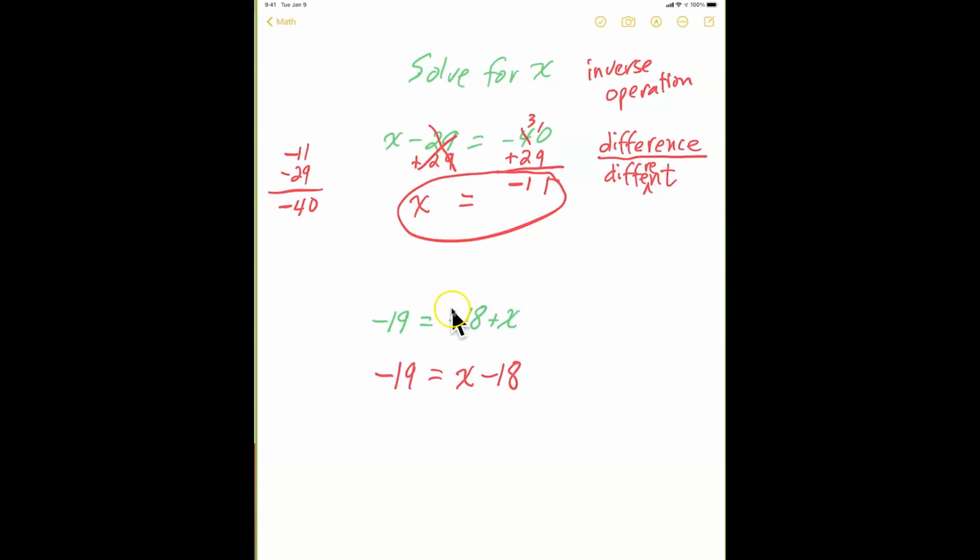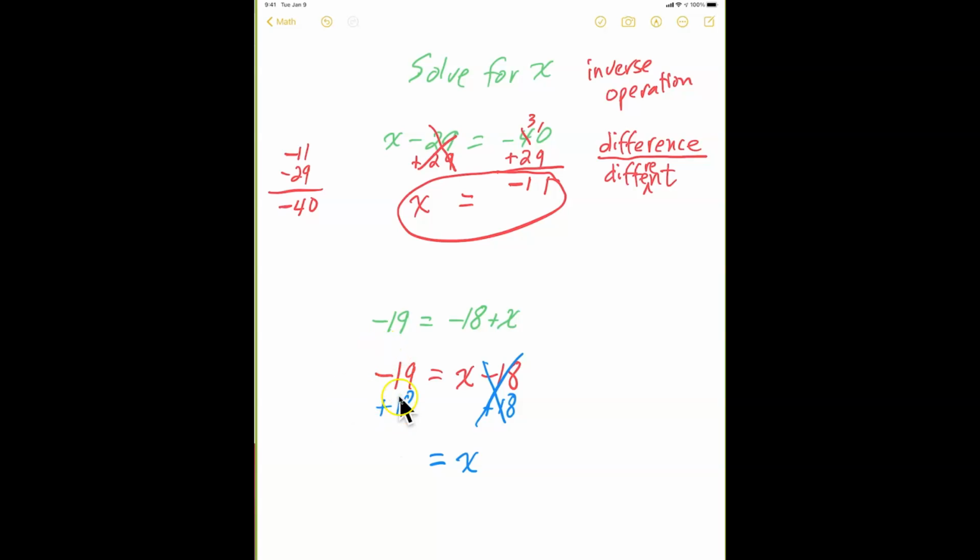They just disguised it one step further away. So we're going to add 18 to both sides, positive 18 to both sides. And these two are like matter and antimatter. They're going to cancel out, leaving x. So x will be equal to whatever negative 19 and positive 18 are combined.